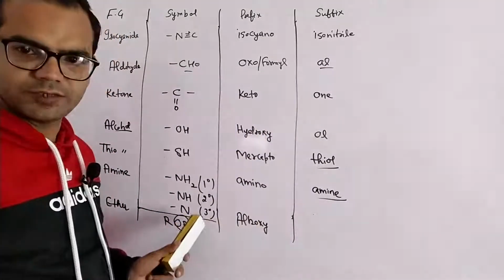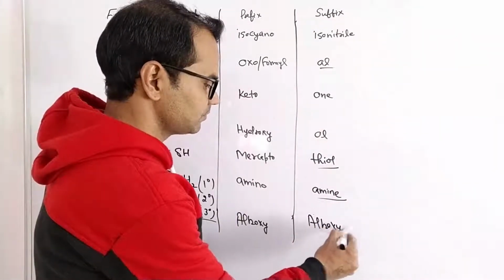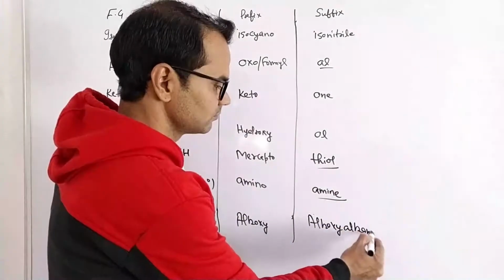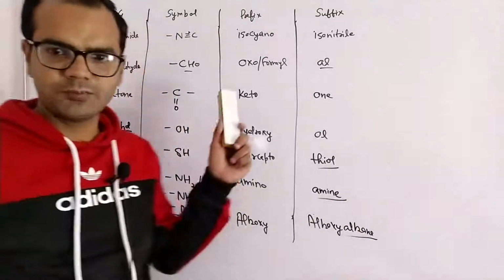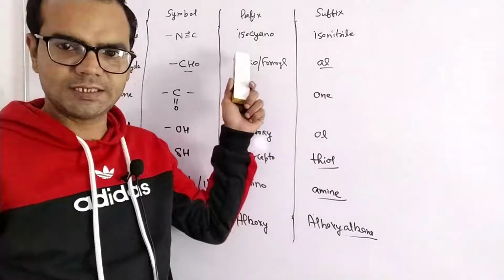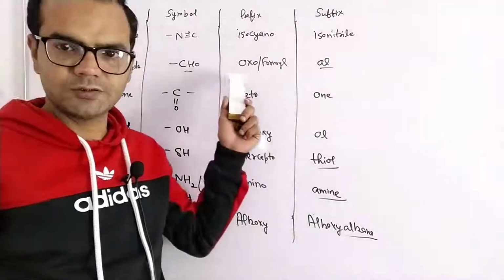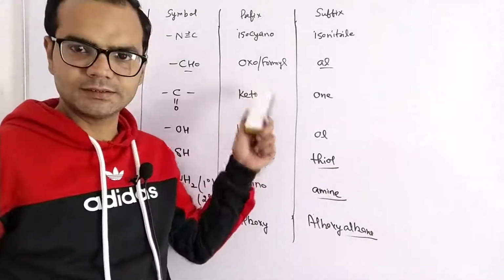The remaining longest chain of R is the alkane. So this is the priority table of functional groups, starting from carboxylic acid to ether. Ether is the least priority, and the highest priority is carboxylic acid.